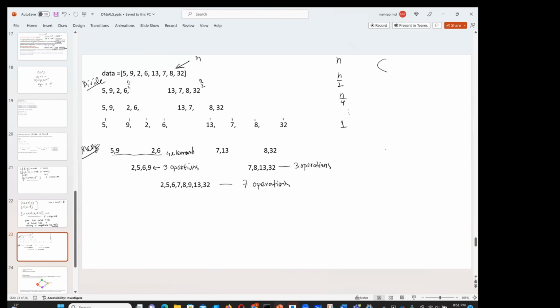So how many division steps do I need, how many steps in total to get to a list of size 1?